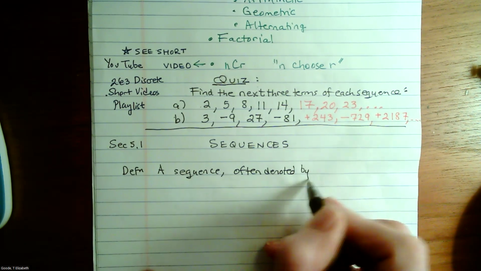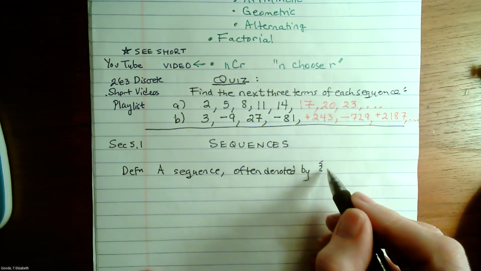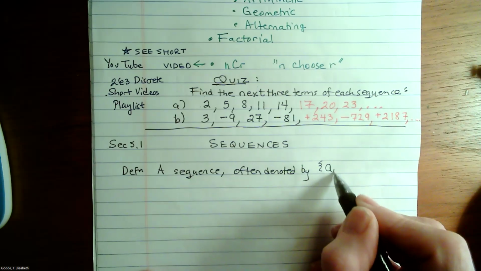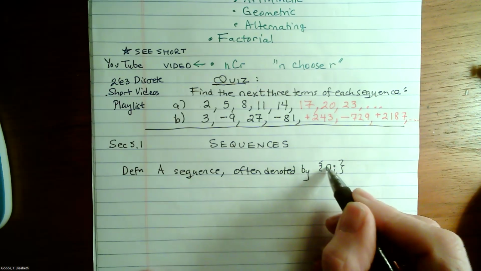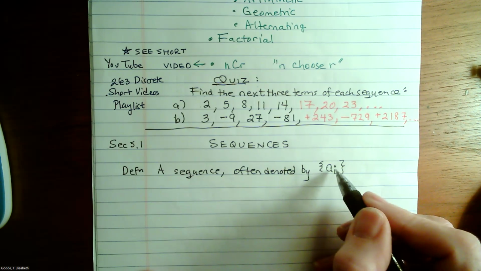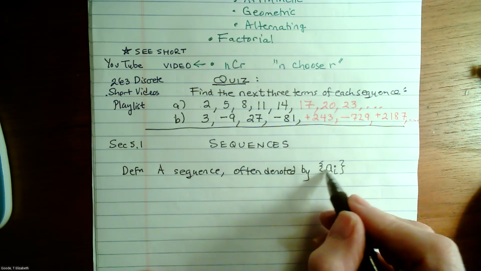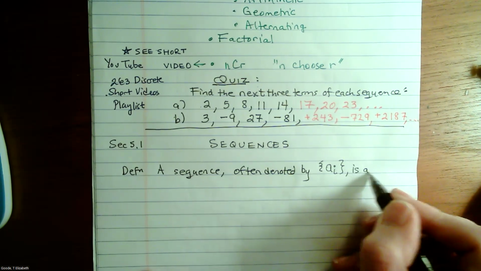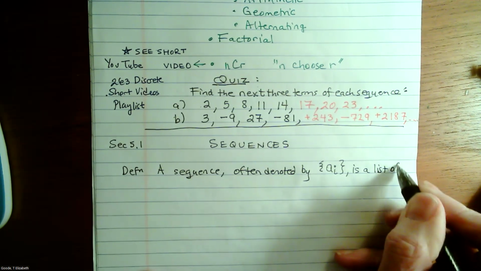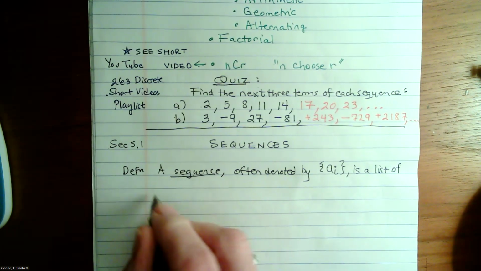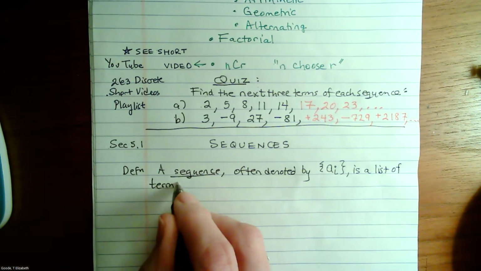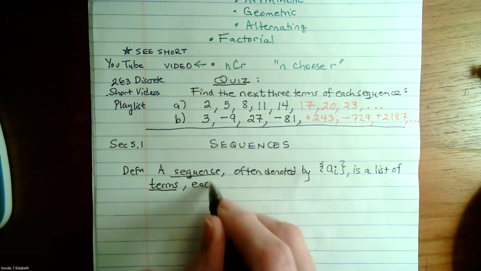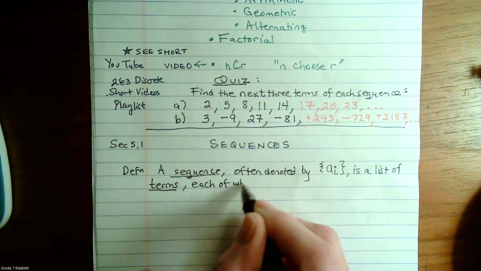and it looks like a set, because it is, but it's a set of a specific type. So we put set brackets, and then something like a sub i, or it could be b sub k, depending upon what we're using to name the terms. But the point is, this denotes a sequence, and a sequence is a list, we're defining sequence, of terms, each of which has a position in the list.